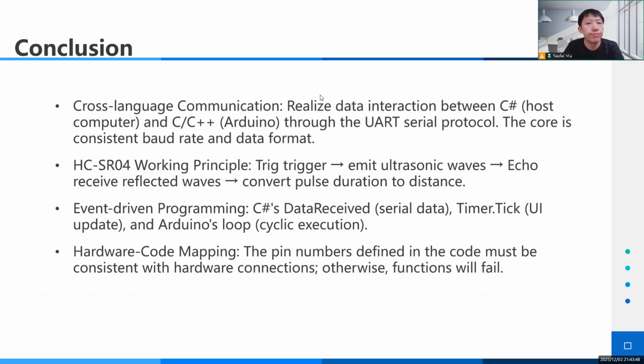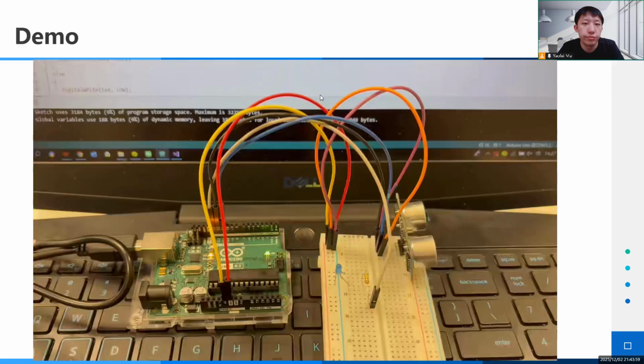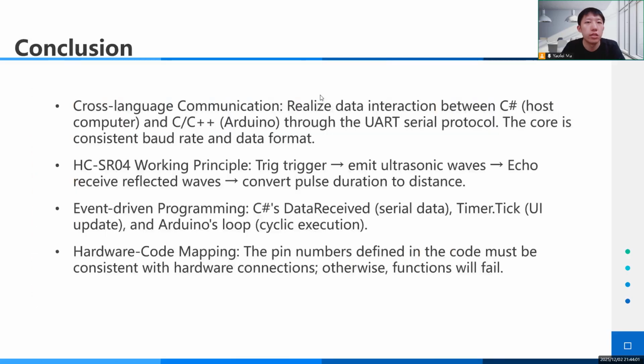This is the conclusion. Finally, the cross-language knowledge points. First, the key to cross-language communication is the UART serial protocol. The baud rate and data format must be the same. Second, the HC-SR04 works by converting the duration between the trigger pulse and the echo pulse into distance.